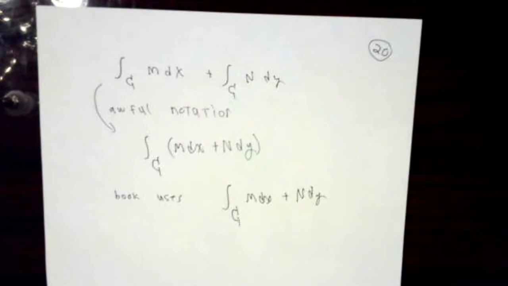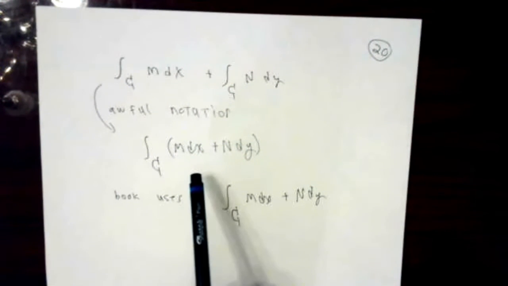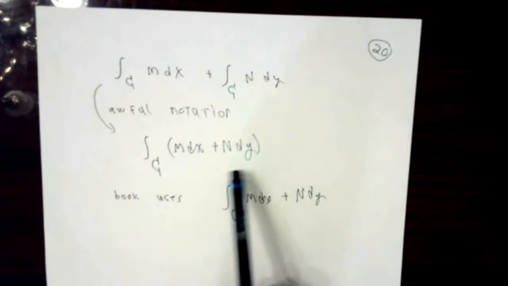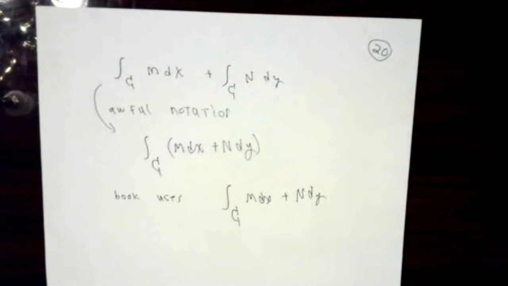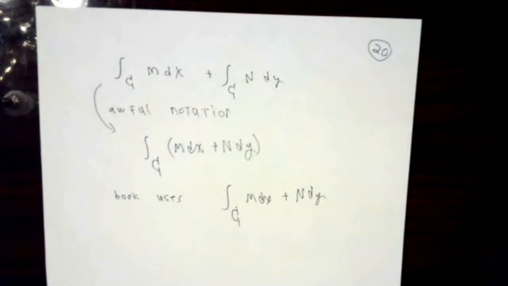We've pretended that the differentials are multipliers in the past. So now we'll pretend that the integral sign is that as well, and write this as the integral over curve C of the quantity m dx plus n dy. Really, even if you're willing to accept the abuse of notation, this should have parentheses around it.